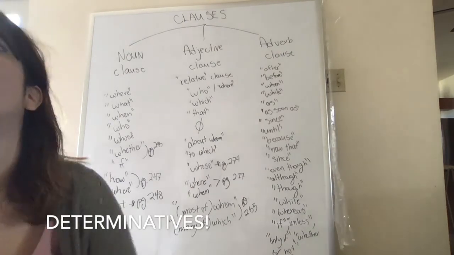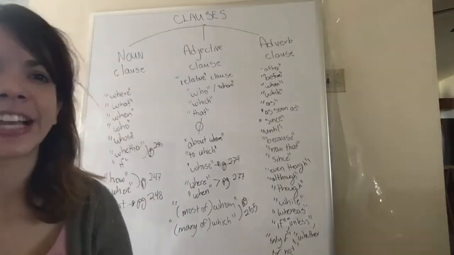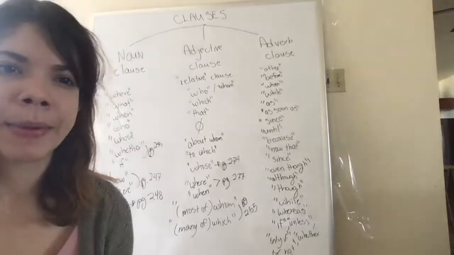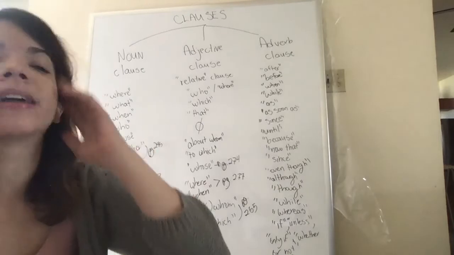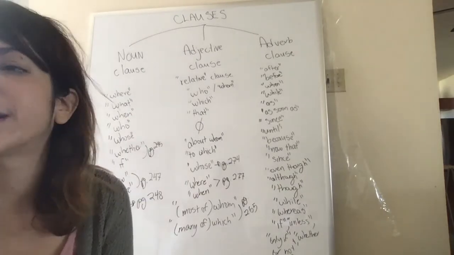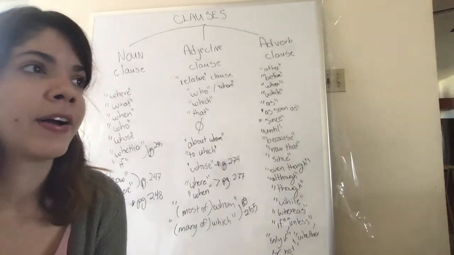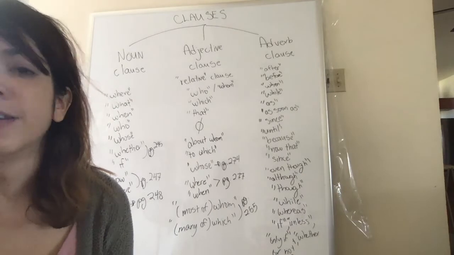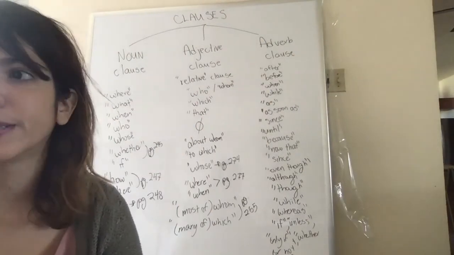Determinatives. Yes, determinatives is one that you often label as articles, but the correct term is determinatives. Some of the subtypes of determinatives are definite or indefinite articles. So, 8 parts of speech. Those are the smallest categories in terms of words.